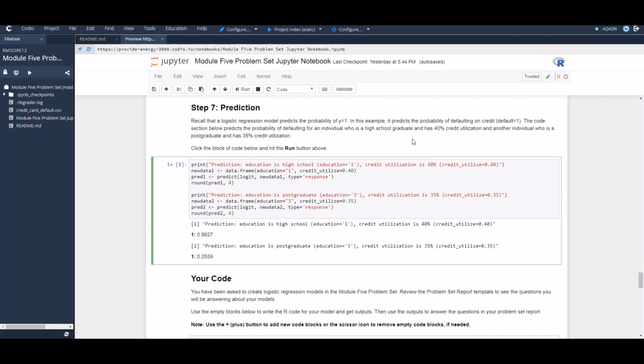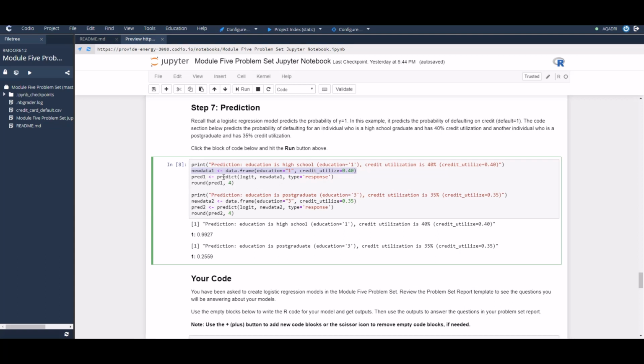So let's see what the predictions are going to be. Just like before, we create a data frame of one row where education is 1 and credit utilization is 0.40 for 40%. Education is 1 because that is what we defined high school education as.